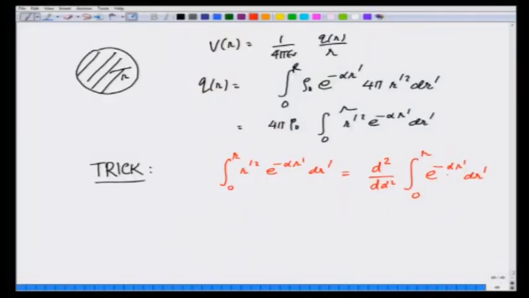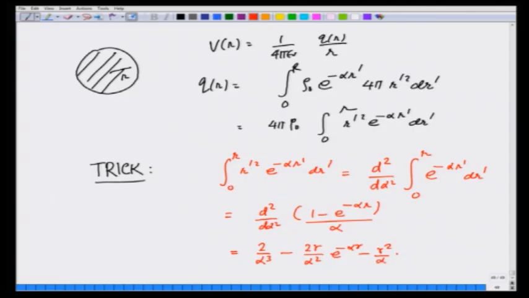Notice that when I differentiate twice with respect to alpha, the exponential function gives me an r prime square, and therefore this is going to be equal to d²/dα² of [1 minus e raised to minus alpha r over alpha], which when differentiated gives me 2 over alpha cubed minus 2r over alpha square e raised to minus alpha r minus r square over alpha e raised to minus alpha r minus 2 over alpha cube e raised to minus alpha r.